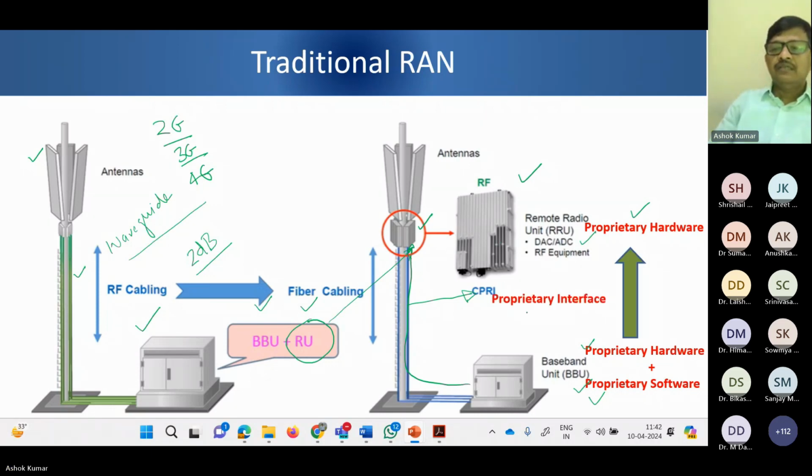So everything was proprietary in traditional RAN. If you buy equipment from Nokia, you have to always buy from Nokia. You cannot mix and match different vendors, so a kind of vendor lock-in happened in traditional radio access network.